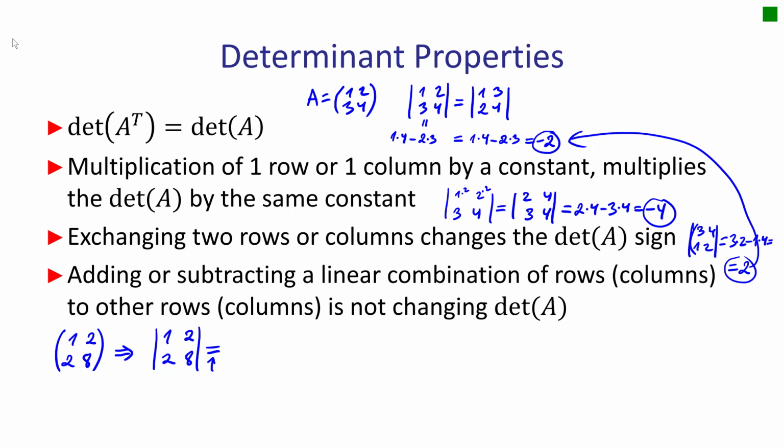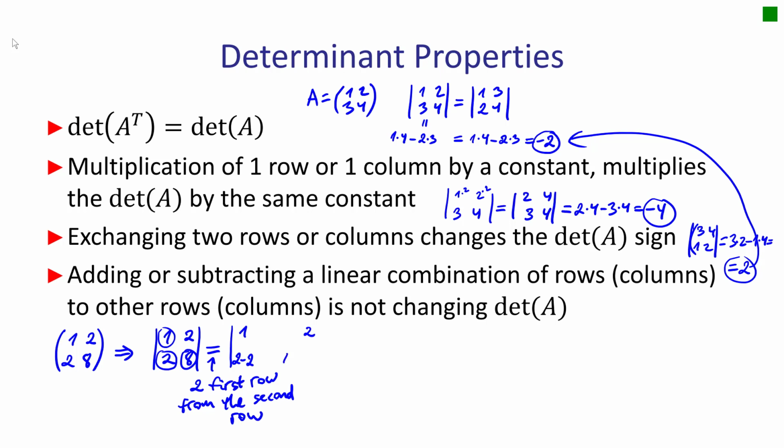Sorry, let's make it a little bit easier. So you want to subtract twice the first row from the second row. So you'll get a determinant where the first row is still the same, 1 and 2. From 2, we need to subtract twice the first row, which is twice 1, so it's 2 minus 2.